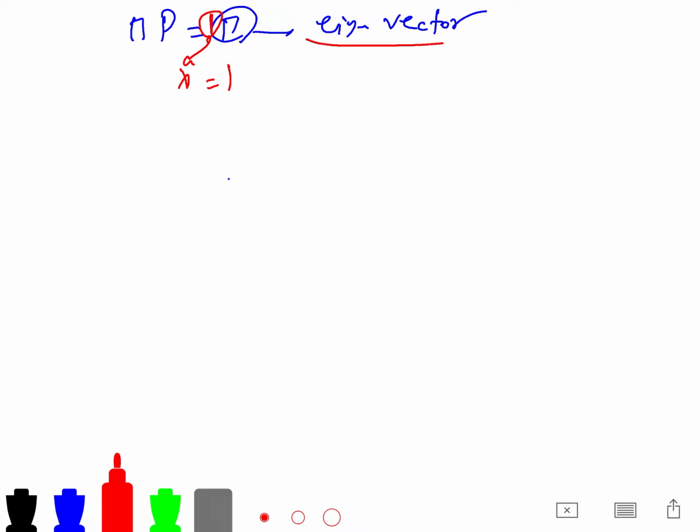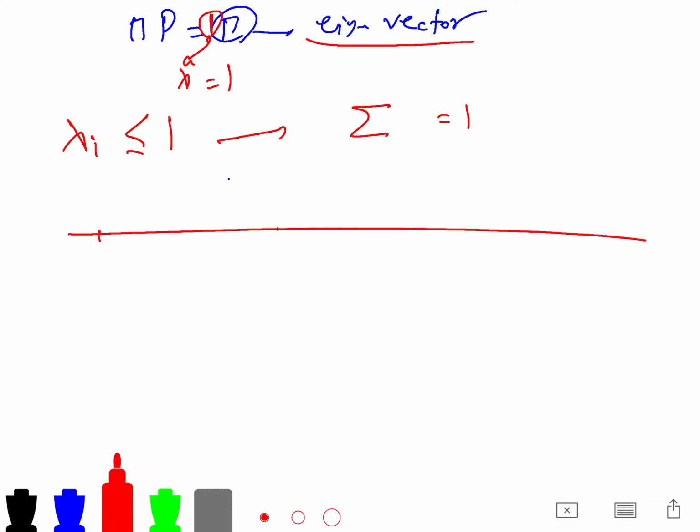And all other eigenvalues in absolute value are less than 1, because all of the rows sum to 1. And the mixing time depends on the spectral gap, I mean the difference between the first and second largest eigenvalue. So remember, the spectrum sometimes goes something like this. And of course, it could be the other way.